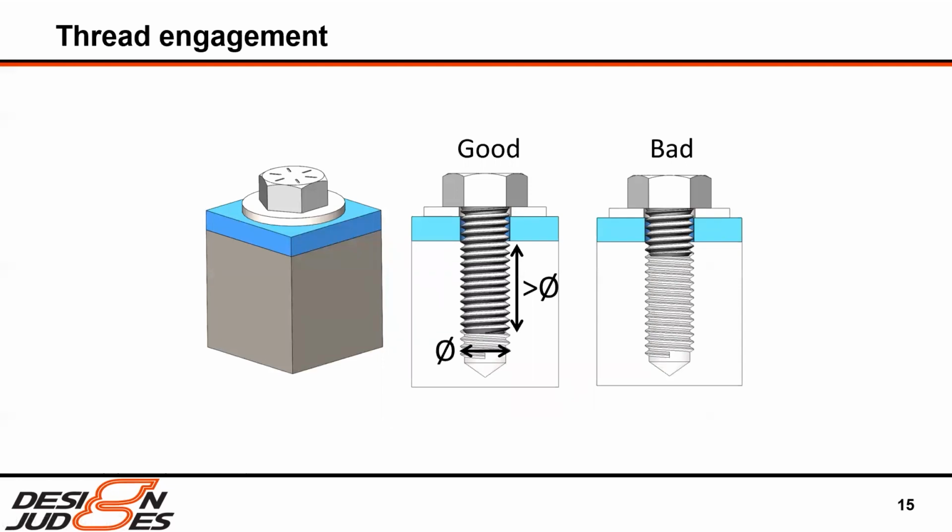Another kind of common mistake that I see is not designing enough thread engagement. So, general rule, for a bolt in the same material as itself, 1 times the major diameter of the thread at least is pretty good. For a harder bolt in a softer material, a lot of times we're putting steel bolts in aluminum, you might want at least 2 times, if not 3 times the major diameter.